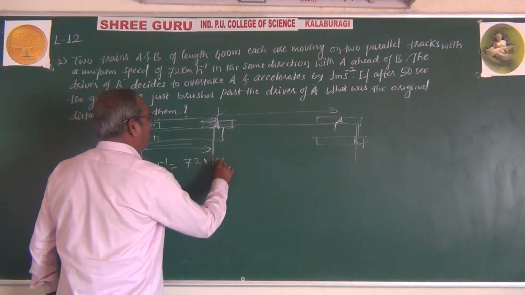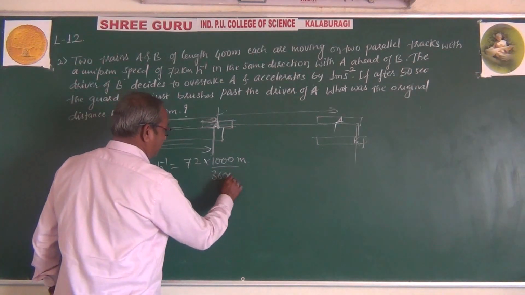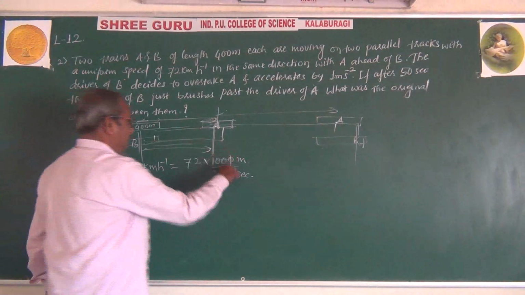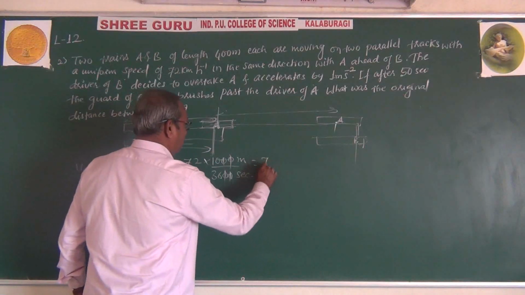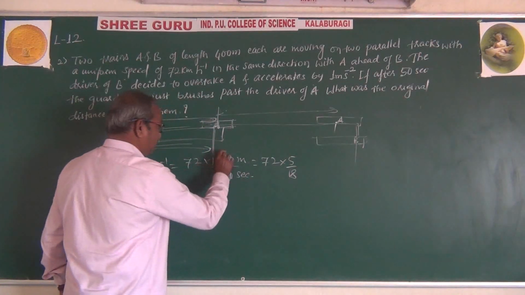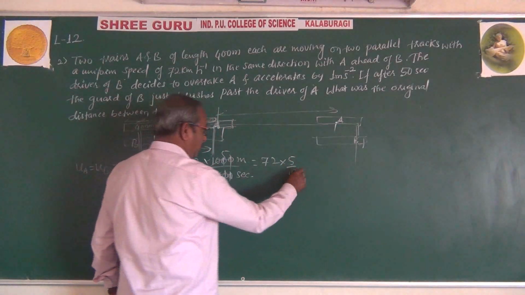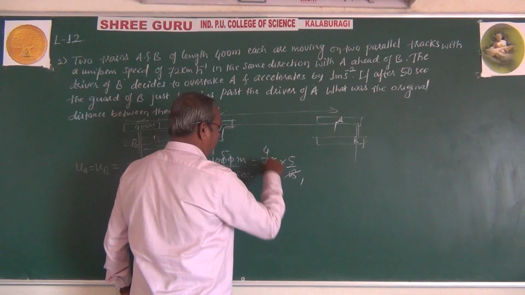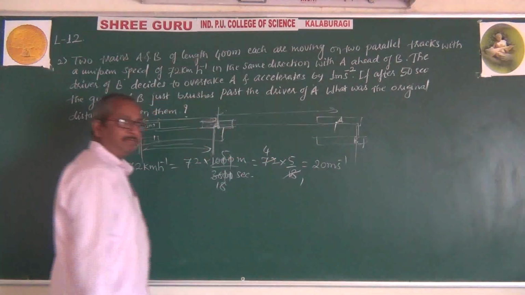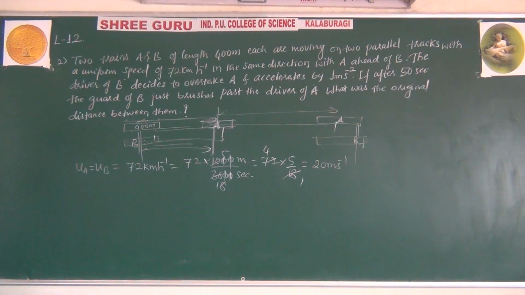Otherwise, kilo is 1000 meters and 1 hour equals 3600 seconds. So 72 into 5 by 18 equals 20 meters per second. In meters per second, the speed of both the trains will be 20 meters per second.